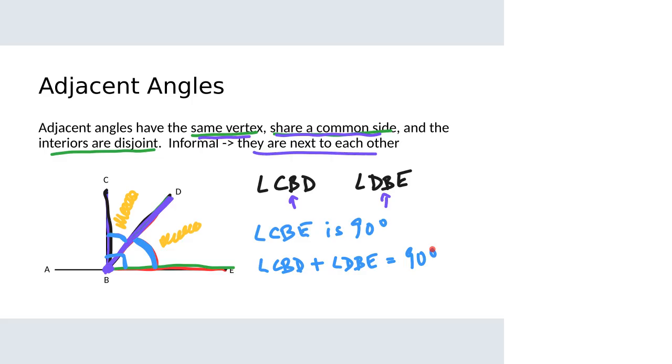Let me know if anything doesn't make sense or you're not sure of it. What that means, when two angles add to make 90 degrees, we say those two angles are complementary. Those are complementary angles if they add to 90 degrees.